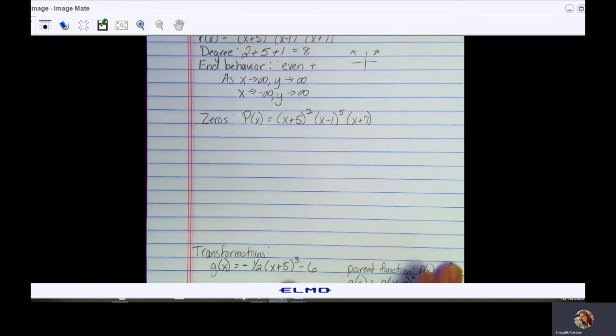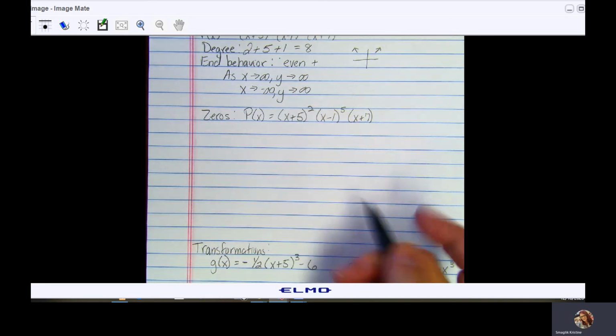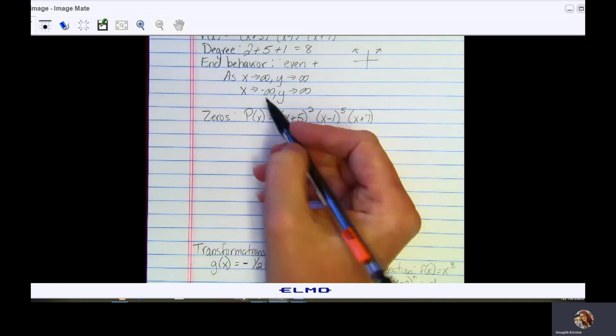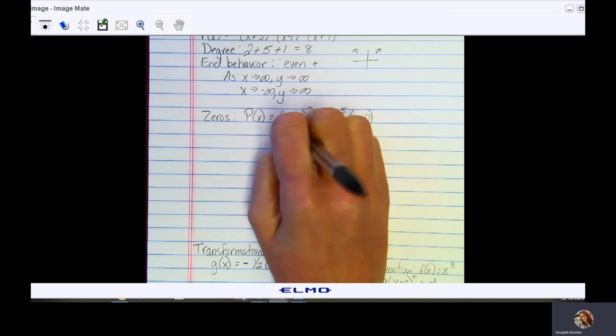Now let's take a look at finding the zeros of this graph and discussing the multiplicity of the graph. So here, if I just take what's in parentheses, you can see to make this 0, x equals -5.